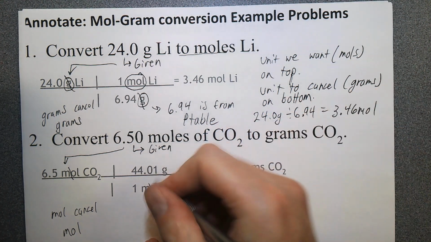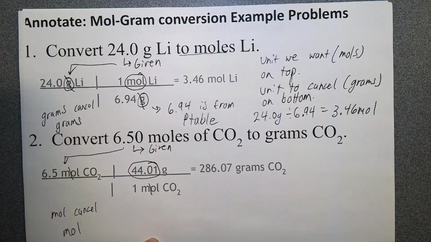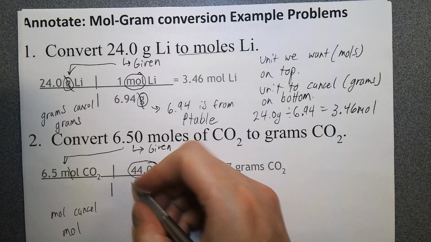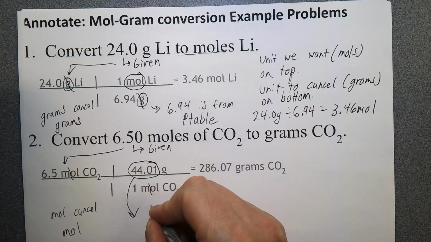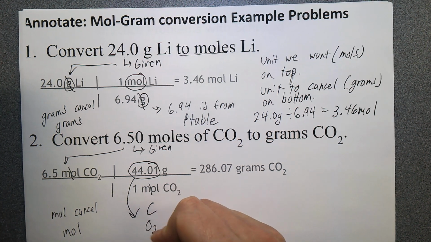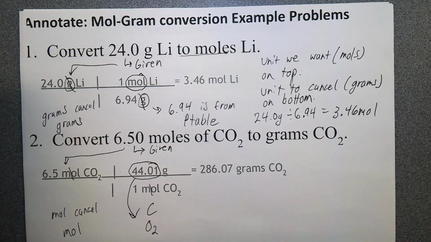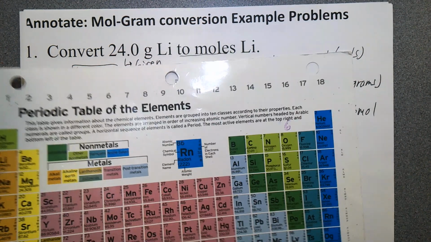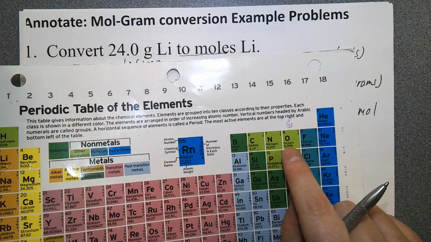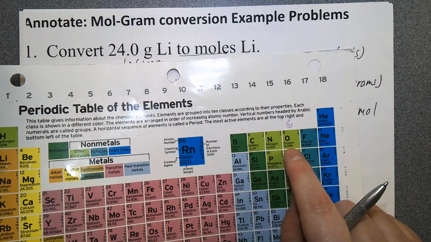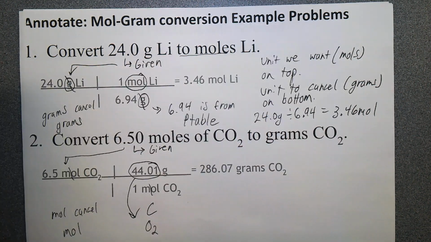For this 44, this is coming from the periodic table, but we have to do a little bit of addition for it. And we're going to do that right here. Since it's CO2, we have to add up C and O2. Carbon has that mass of 12.01. Oxygen, we round these to 2 decimal places, so 15.999 rounds to 16.